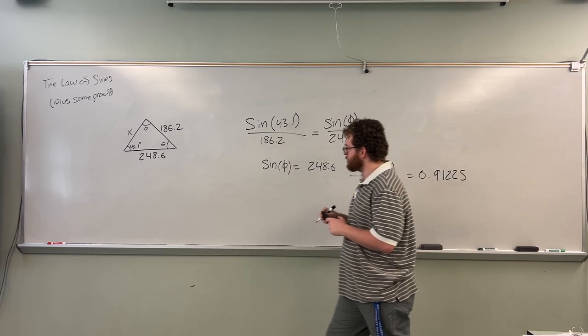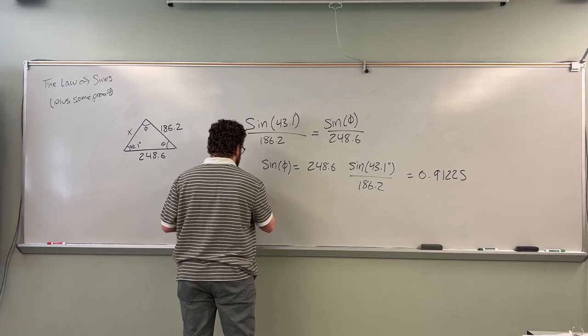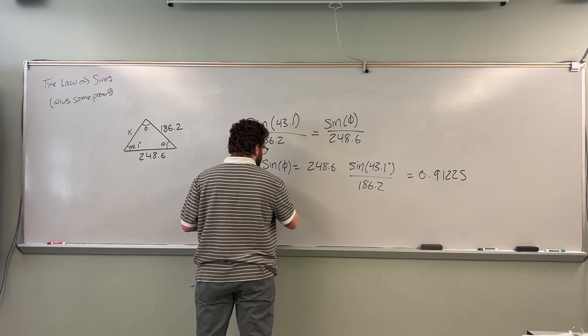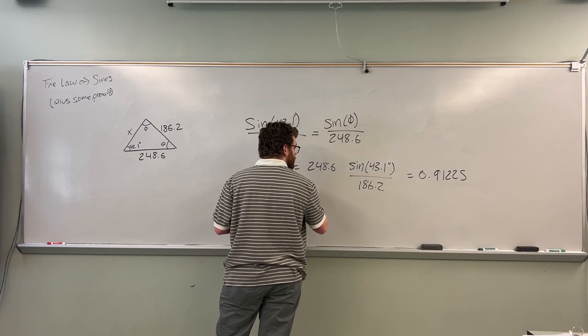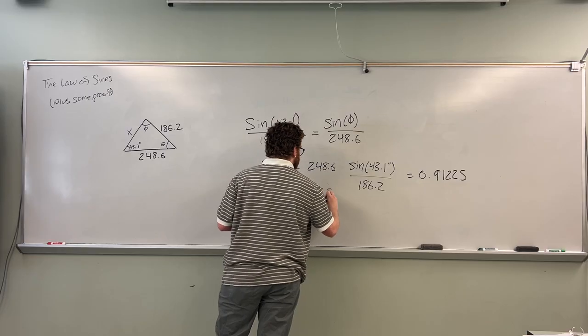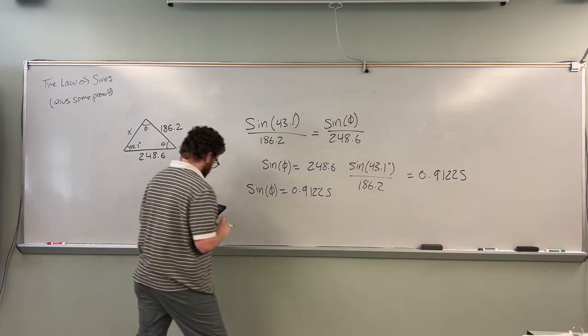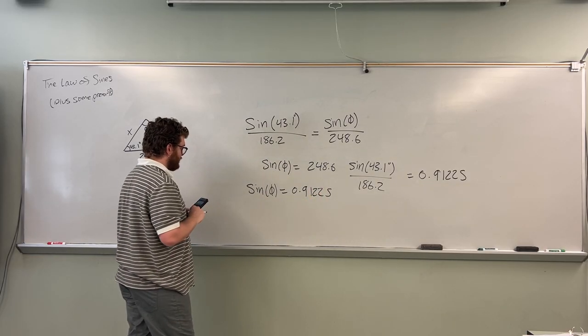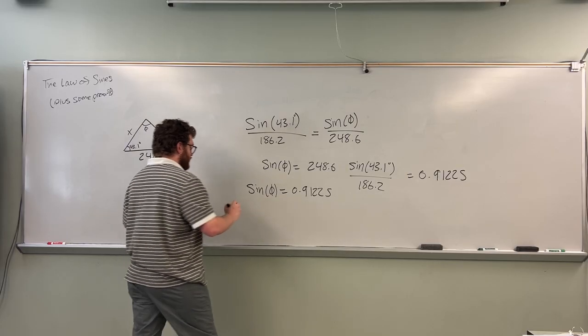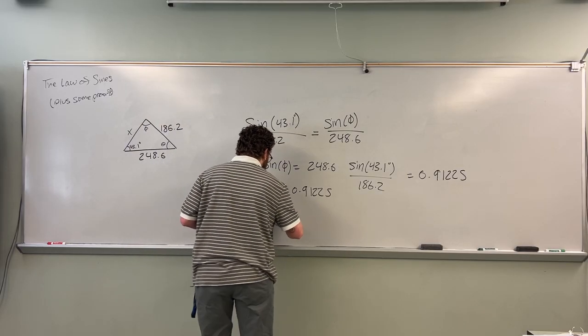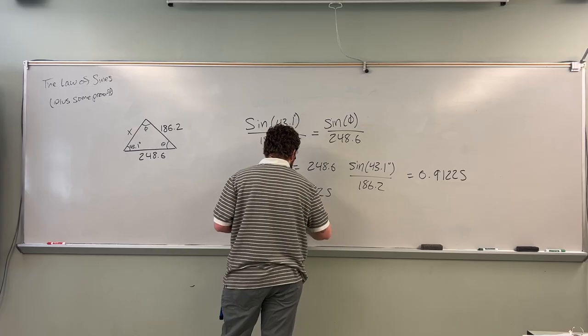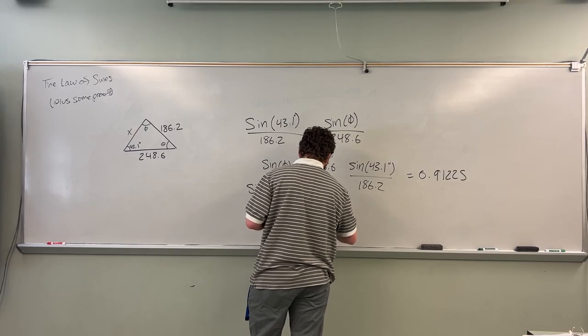I'll leave it as that. So just rewriting that last line, sine of phi equals 0.91225. All right. And then undoing this, I have phi is equal to the inverse sine of this 0.91225.